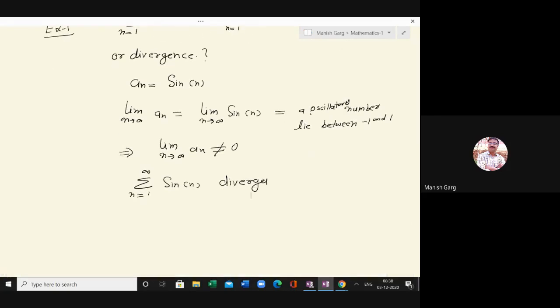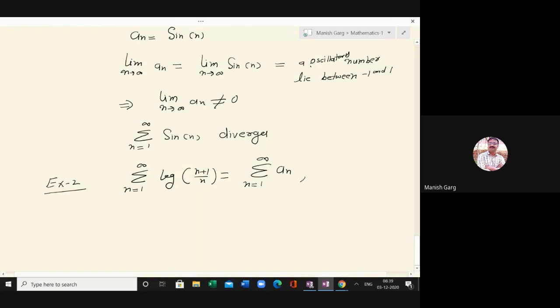One more example I am doing. So this necessary condition is useful to check convergence or divergence in this way. Now I am taking one more series: sum from n equals 1 to infinity of log((n plus 1) over n). This is an. The question is the same.